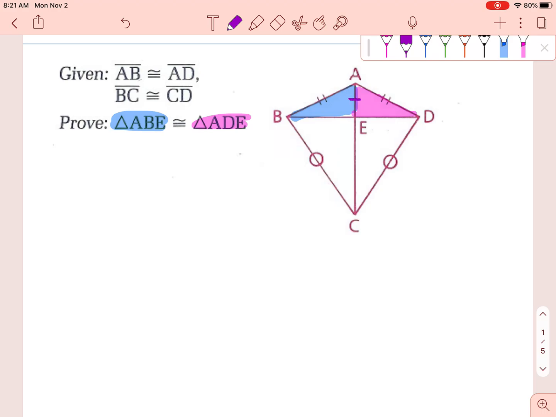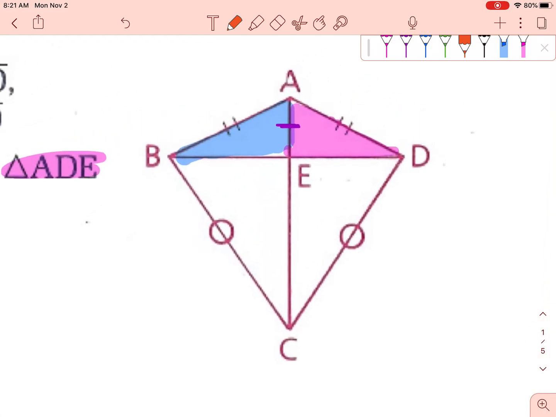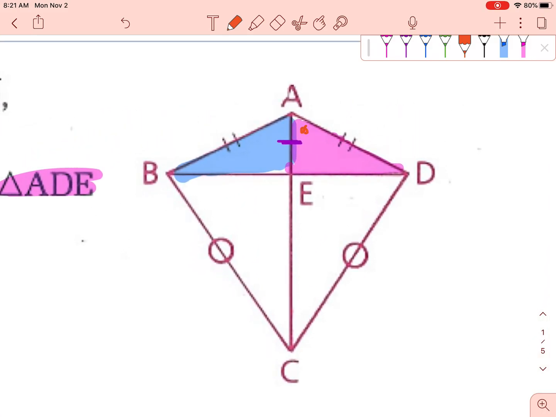We have this reflexive side right here, but I don't see any more information. So now what, right? This is the detour that I'm talking about. We cannot get the blue triangle congruent to the pink triangle. I would need either this orange dot right here, or I would need this third side right here.